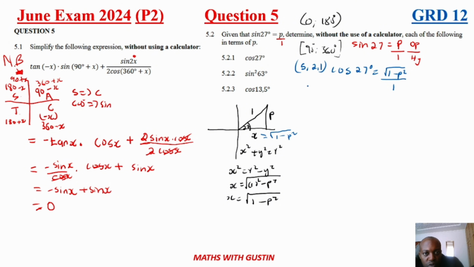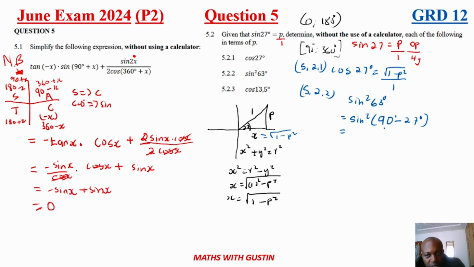Okay, let's move on to 5.2.2. It is given by sine squared 63. So this one, what we need to do here, we need to simplify a little bit. This sine can also be written, remember the co-function, as 90 minus 27.